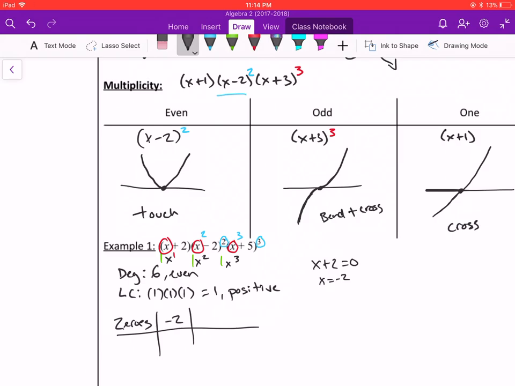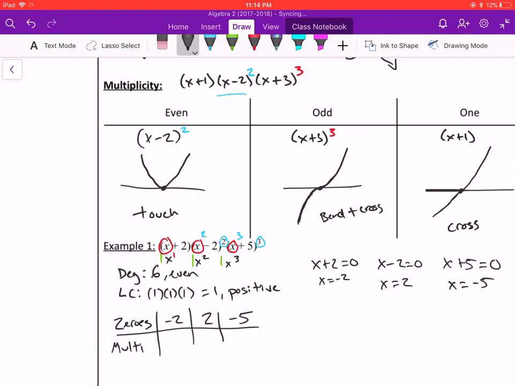If I take the x minus 2, taking each factor, the 0 would be positive 2, kind of taking the opposite. And if it's x plus 5, the 0 would be negative 5, putting each factor equal to 0. But what are the multiplicities of each?